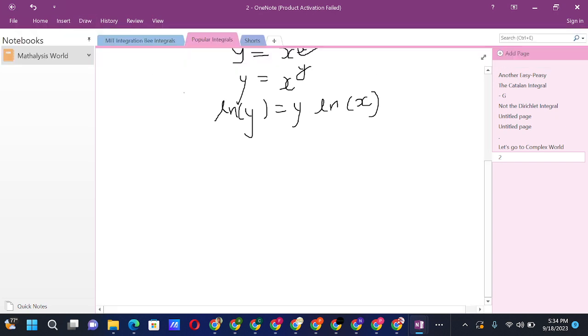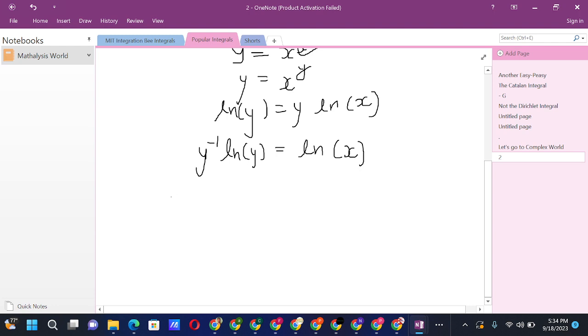Now, how do we isolate y? Obviously, there is no definite way to do that in general, but we can do something like this. First, we can take this y to the other side. Please catch up with what I'm doing.